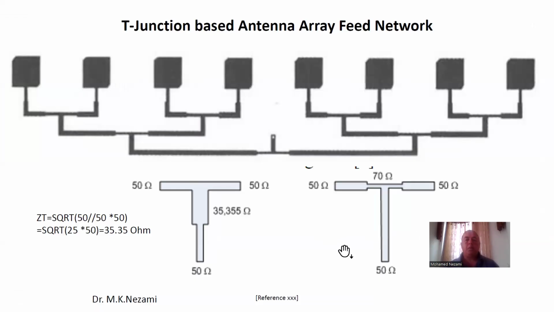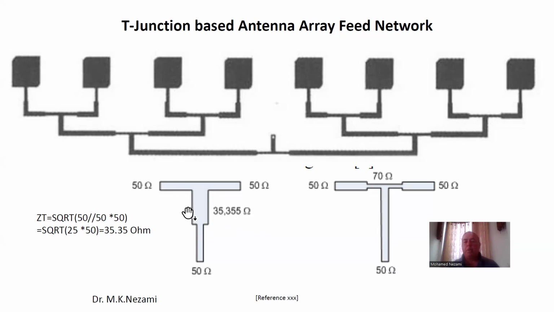Now it turns out that for T-junction splitters for antenna feed arrays, there are really few combinations of them, because you're dealing with impedances that are either 250 ohm lines in parallel or 200 ohm lines in parallel. So that means you're dealing with either 25 ohm impedance or 50 ohm impedance, or the quarter wave transformer that transforms 50 to 25, which is a 35.35 ohm impedance, since 25 times 50 is the piece here that is a quarter wave.